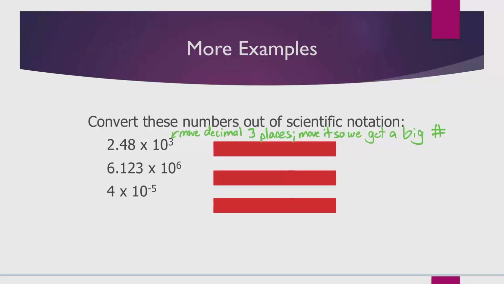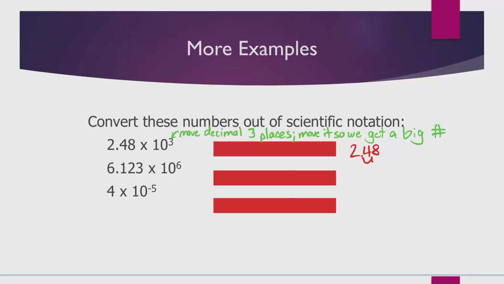So the way that we can move it so that we get a big number, I'm going to rewrite it to the right. So 2.48. If we move it to the left, we'd end up with zeros, 0.00248. That's a small number, right? So we don't want to move it that direction. We'd like to go the other direction.